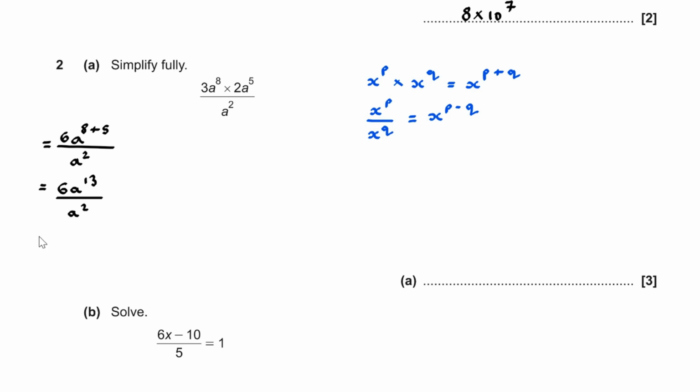So if we tidy this up, we have 6a to the power of 13 minus 2, and therefore this will tidy up to 6a to the power of 11. We have 6a to the power of 11 as the result of this expression.